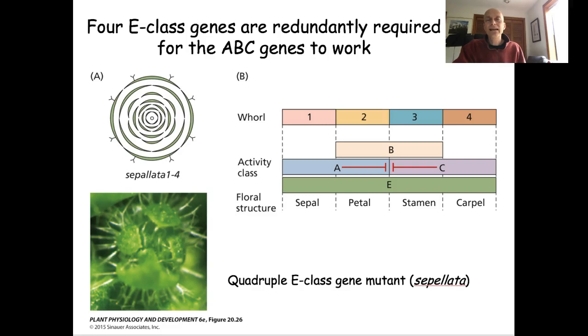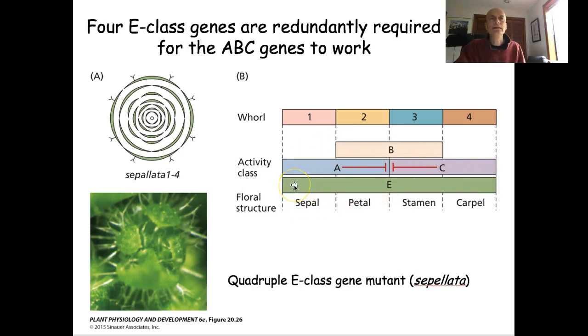So a few years later, after the ABC model was understood and was proposed, as I showed it to you just before, additional genes were found, and these additional genes were then put into what's called an E class. So the E class are these genes that are all redundantly required for the ABC genes to work. So it turns out that you need all of them in order for the ABC model to work.